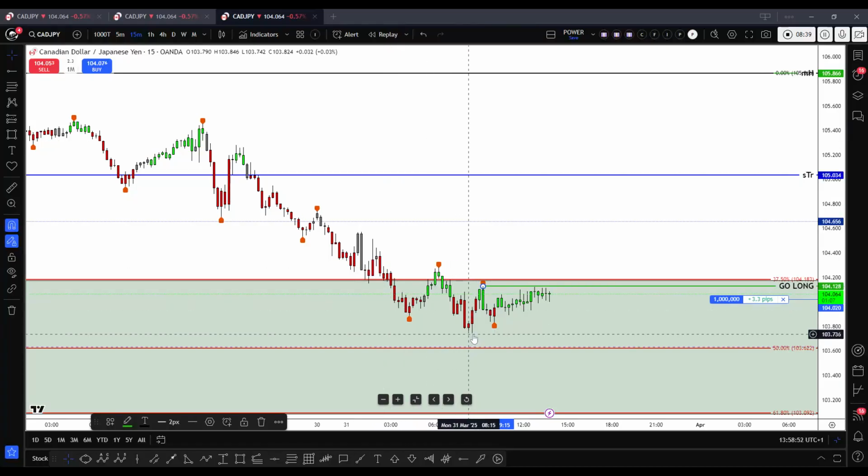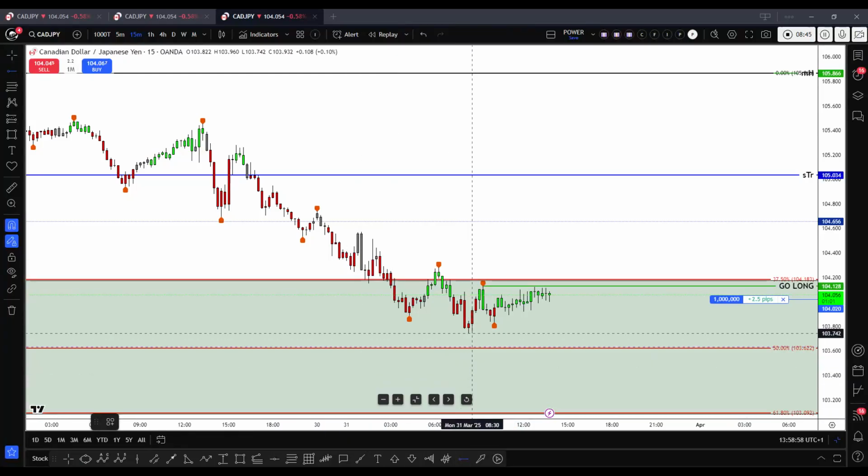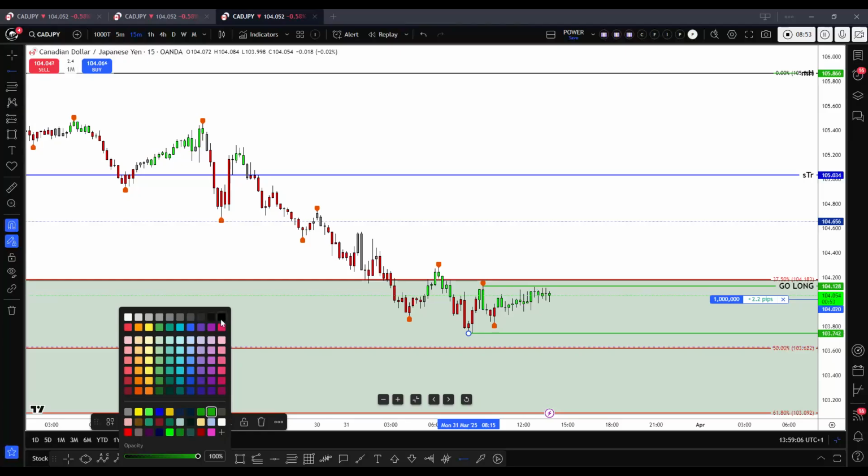We don't need to give it any more than maybe 3 pips depending on the spread. Okay, the stop loss will be the low of London session. I'll use black for that.